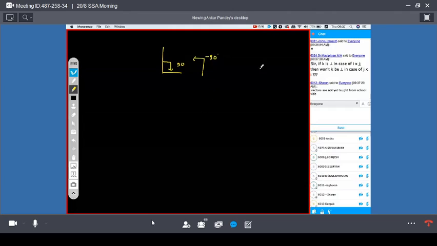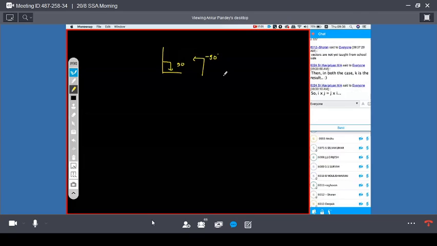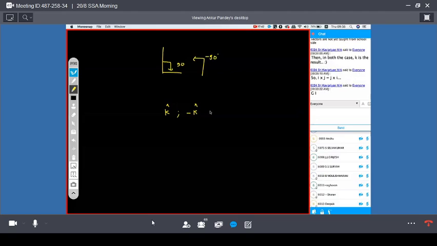That will change the sign of k. Got it? i cross j is k, whereas j cross i is minus k. Clear? So they are not equal.